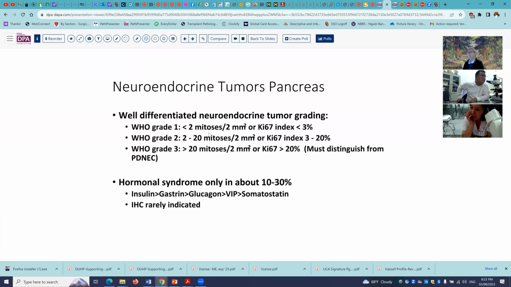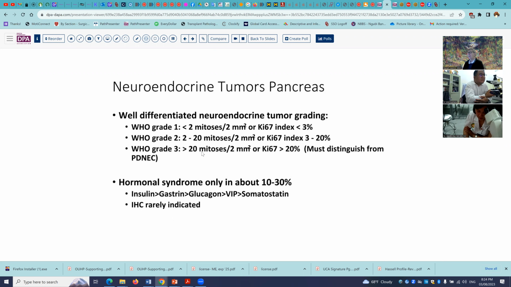So here are the cutoffs: less than 2 mitoses per 2 millimeters squared, or a Ki-67 index under 3%. When we're between 2 and 20, or 3 to 20, we're in that grade 2 category. And so any higher lesion falls into this grade 3 category.